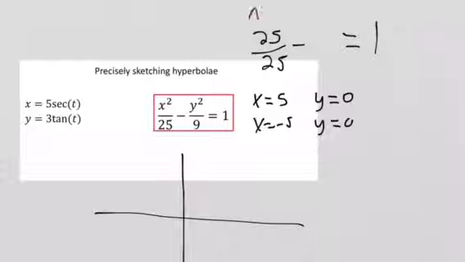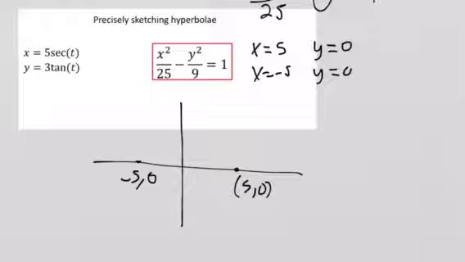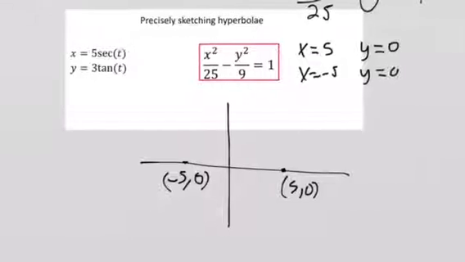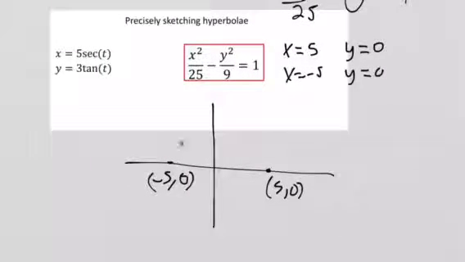Well, 25 over 25 is already 1, so the only thing I can subtract would be 0. So if I want this to be 0, then y is going to have to be 0. So that means I have a point at 5, 0, and I also have a point at negative 5, 0. And I know that my hyperbola, because secant is x, is going to open horizontally. Okay, it's going to go boom, boom.